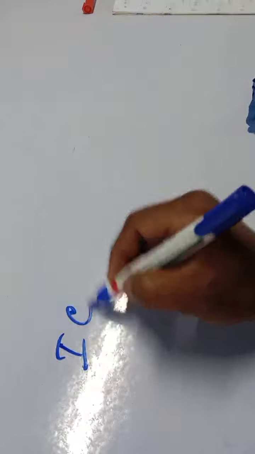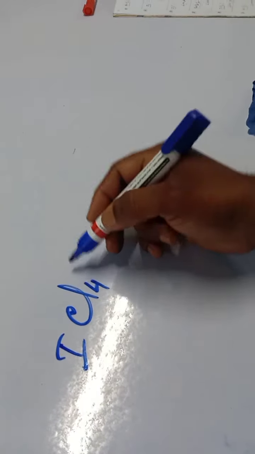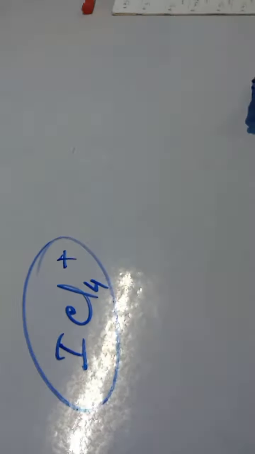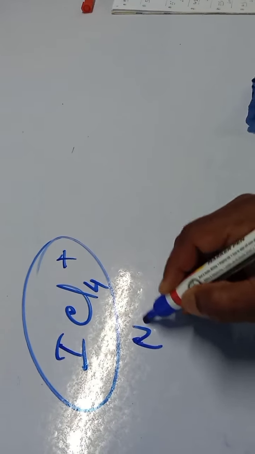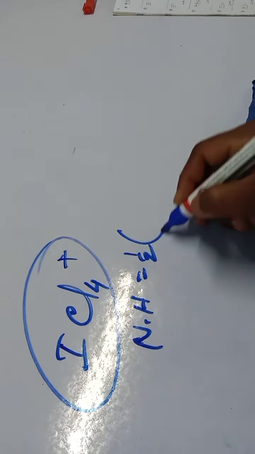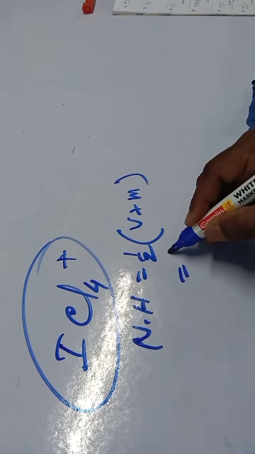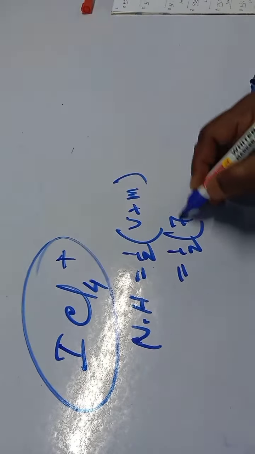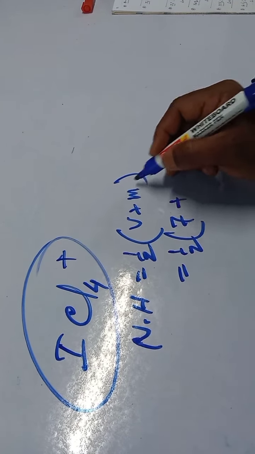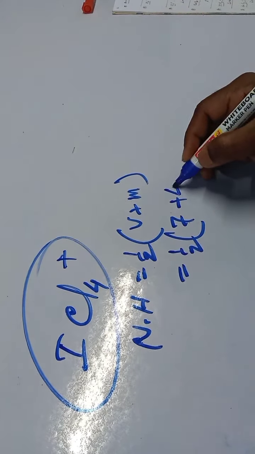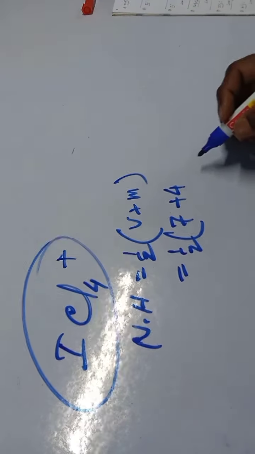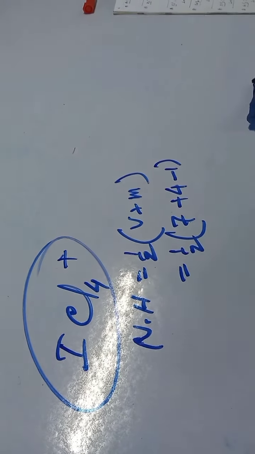Next part, ICl4 plus. This is the positive part. NH equal to half V plus M. Also you may write half the valence electron 7 plus M, the number of monovalent atoms, chlorine 4, but positive charge 1 so minus 1.